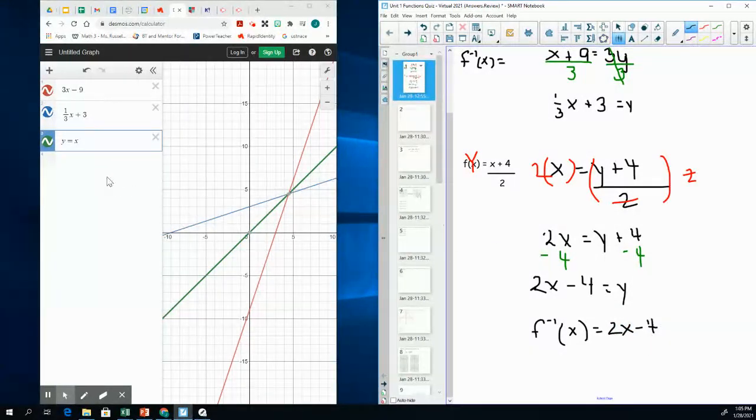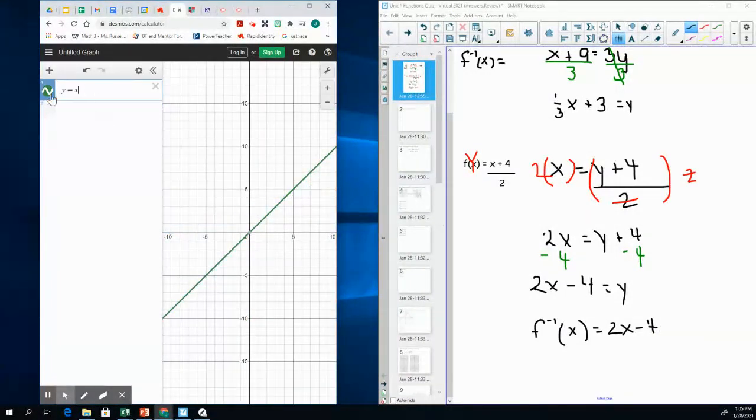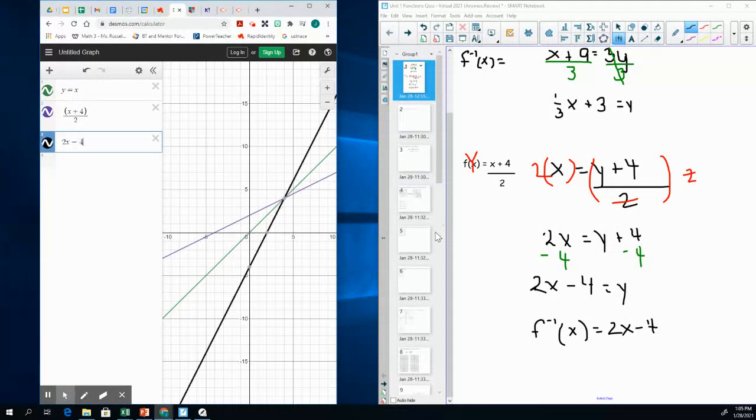So this is where you're going to check it. So we're going to go back and clear these guys out. I'm going to leave my y equals x. And then we're going to type in x plus 4 divided by 2, because that's the given function we have. And now we're hoping that we solved it correctly and that 2x minus 4 is its inverse.